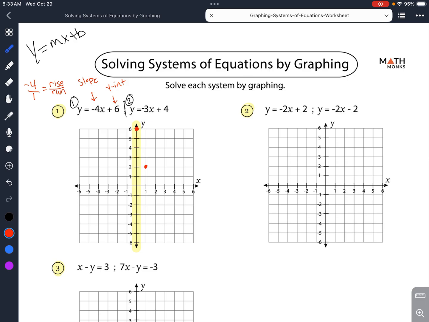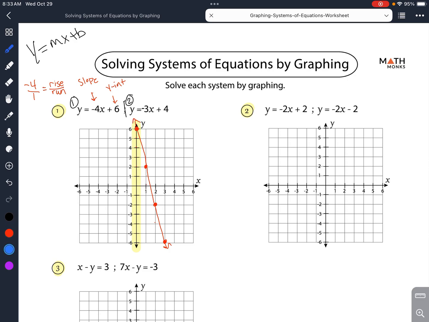Then I'm going to go down 1, 2, 3, 4, over 1 again, and one more time, down 1, 2, 3, 4, over 1. And I'm just going to connect those points as best I can. Okay, so that's my first line.